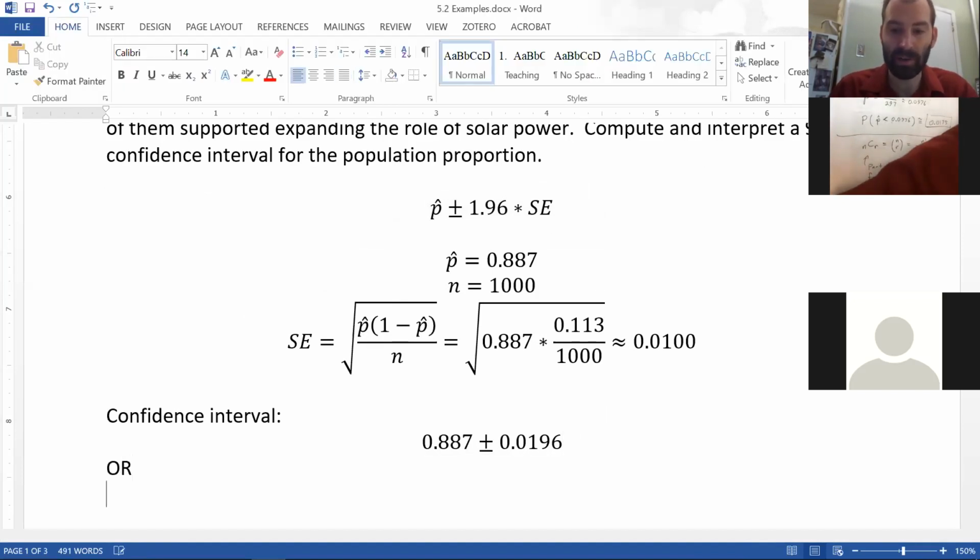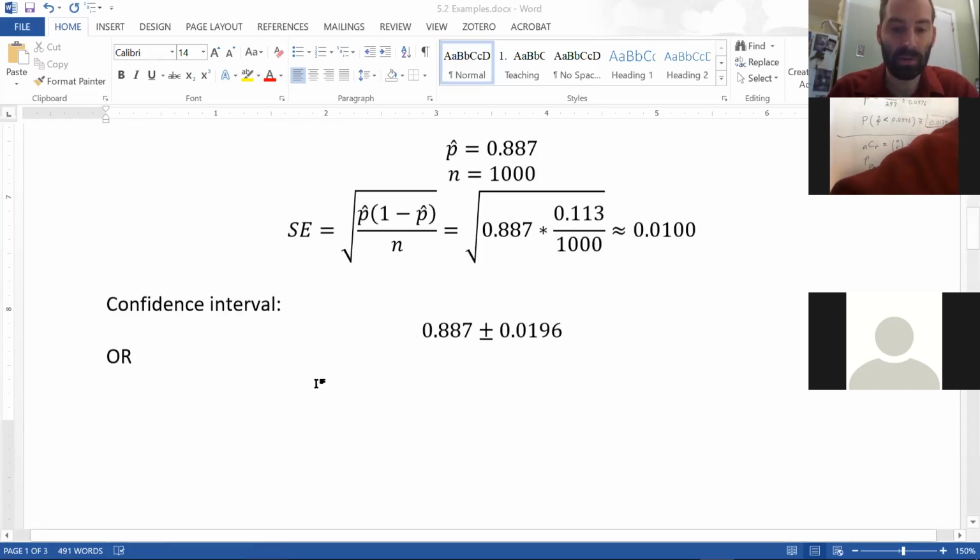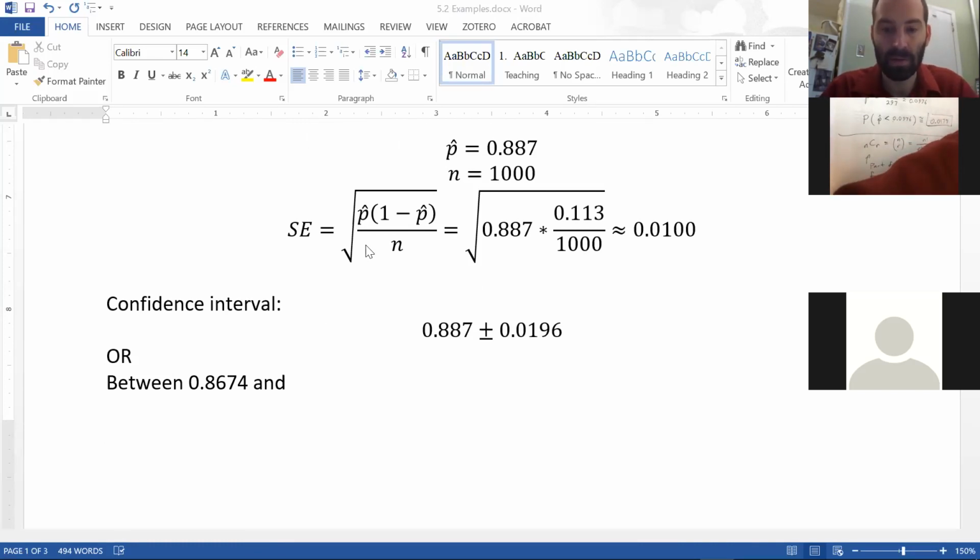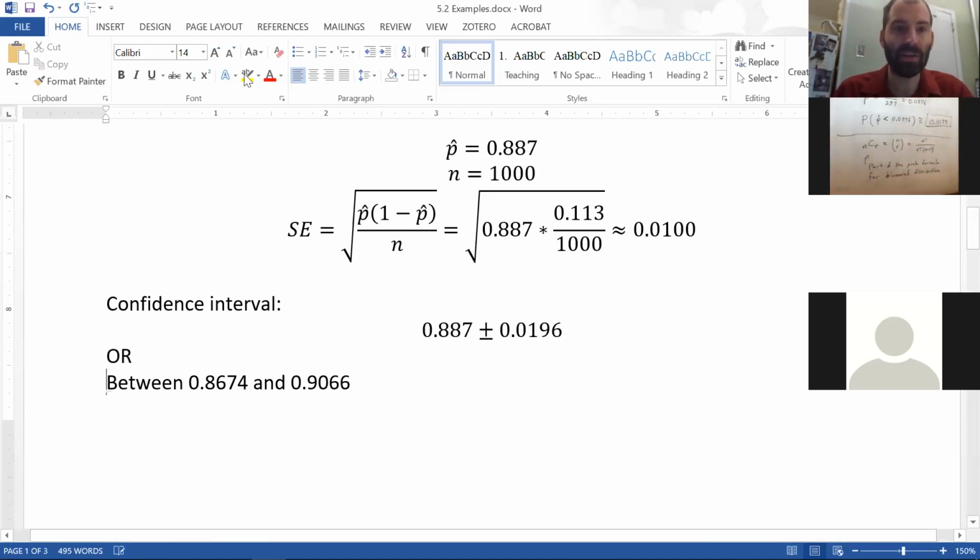Or we could write it like this. We can subtract 0.0196 from this number and get 0.8674, and then add 0.0196 to 0.887 and get 0.9066. Same thing. There are two different ways of writing the same thing.